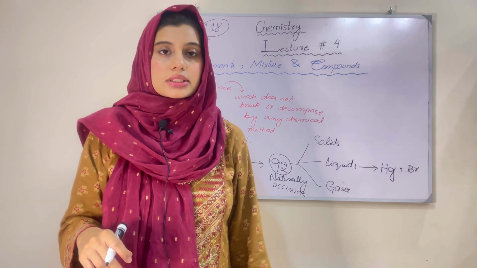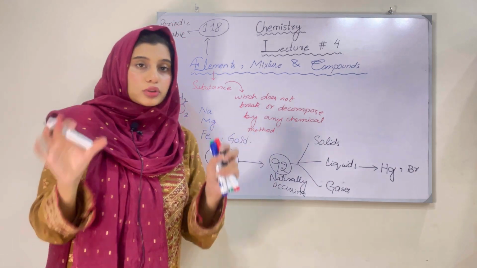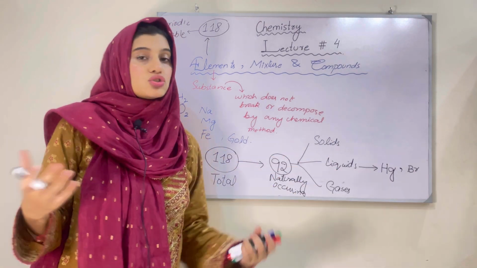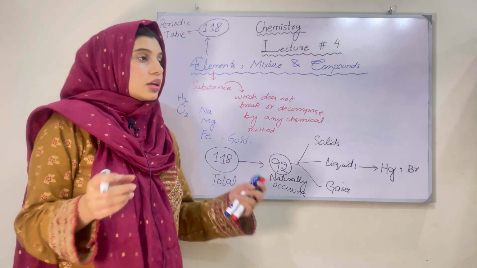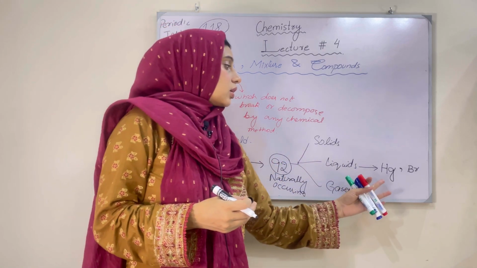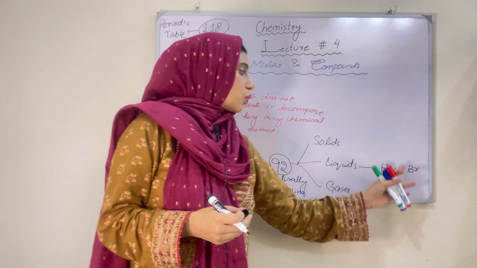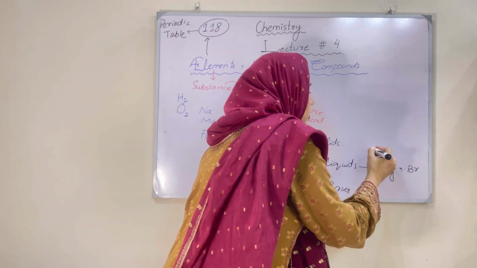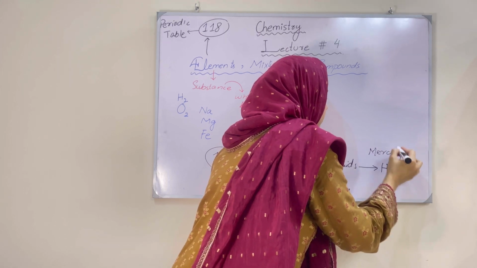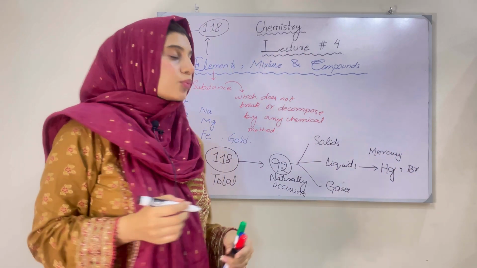which is in the halogens. Don't confuse yourself with words like halogens, or why Hg is mercury. I will explain you everything. So we have 2 liquids: one is mercury, and the other one is bromine.